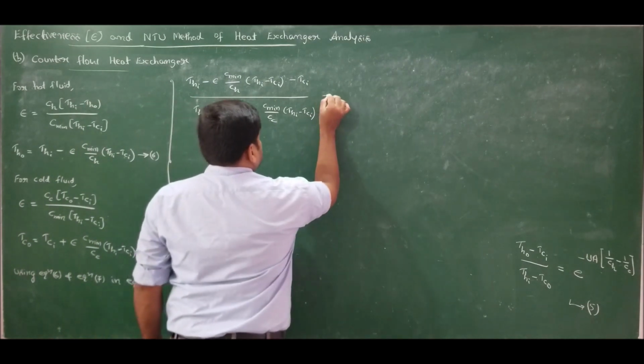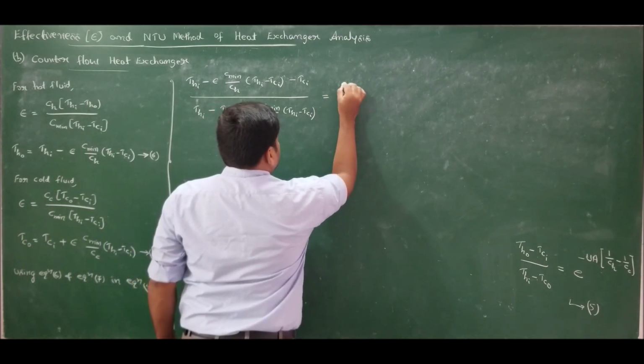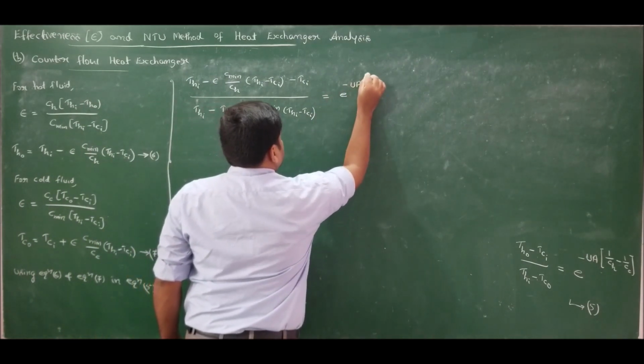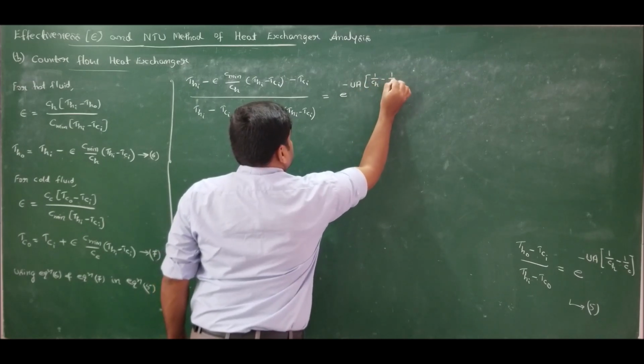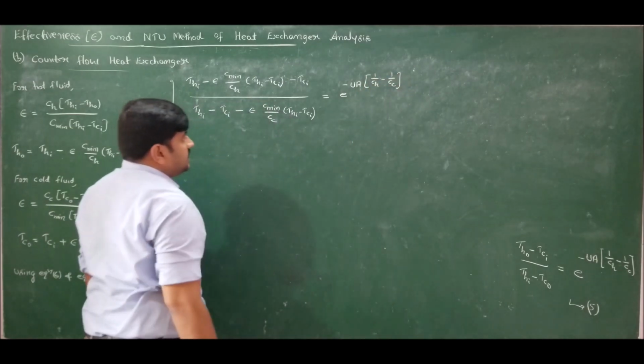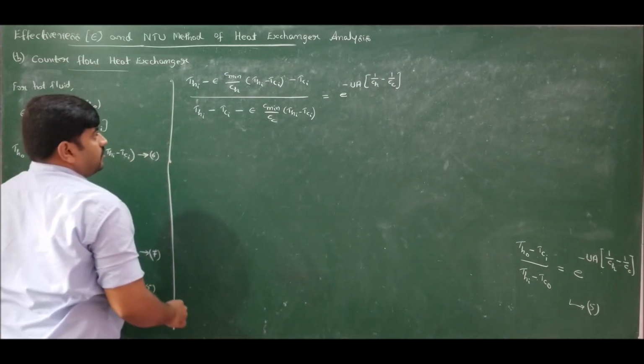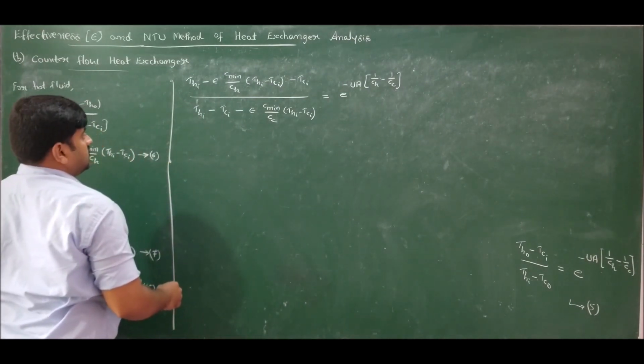So this is equal to e to the power of minus UA of 1 by CH minus 1 by CC.